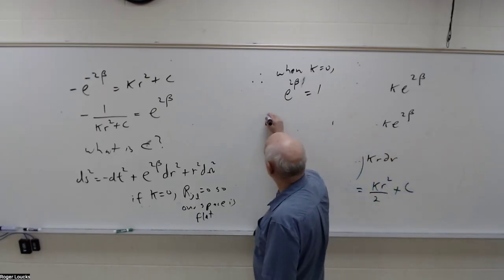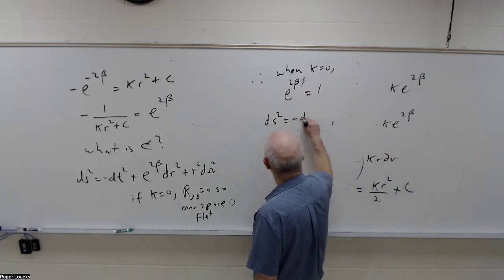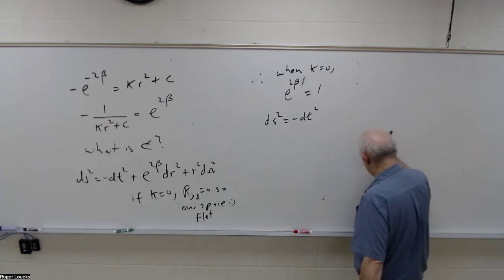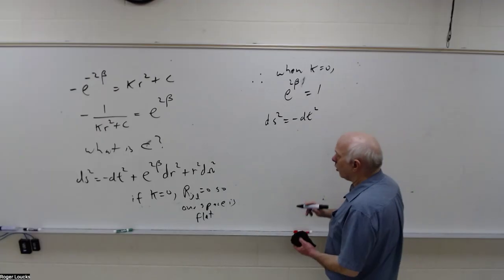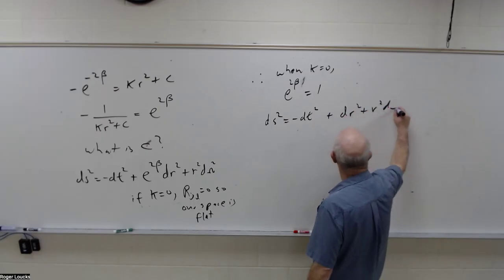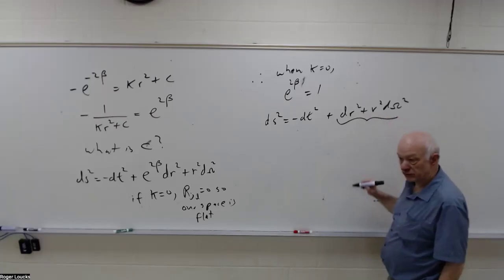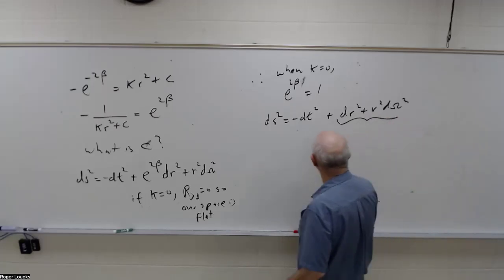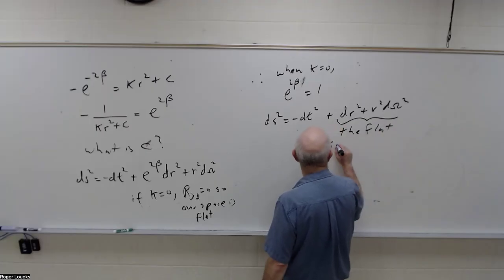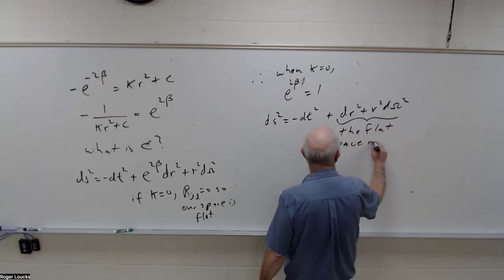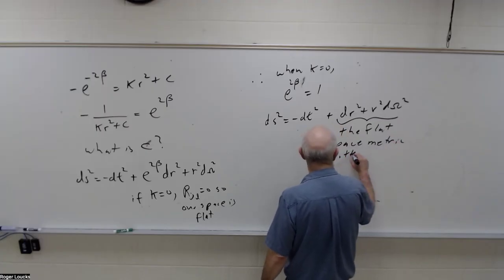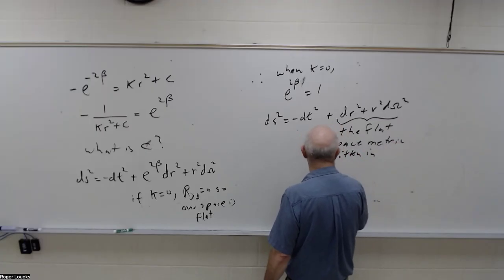Because our ds becomes this fellow. Right, and this is just spatially flat space in spherical coordinates. So this is just the flat space metric written in spherical coordinates.